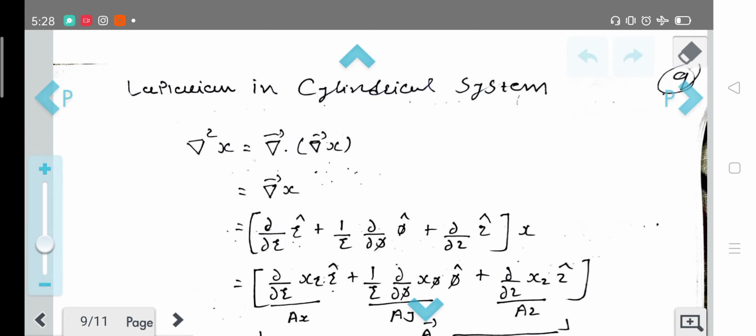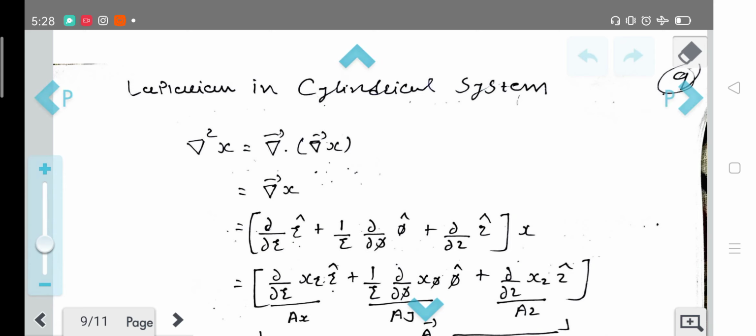We already got the equation of gradient of x in cylindrical coordinate system, which will be del by del r r cap, 1 upon r del by del phi phi cap, del by del z z cap, and I have taken x as a scalar quantity. So now let's put x inside the equation.